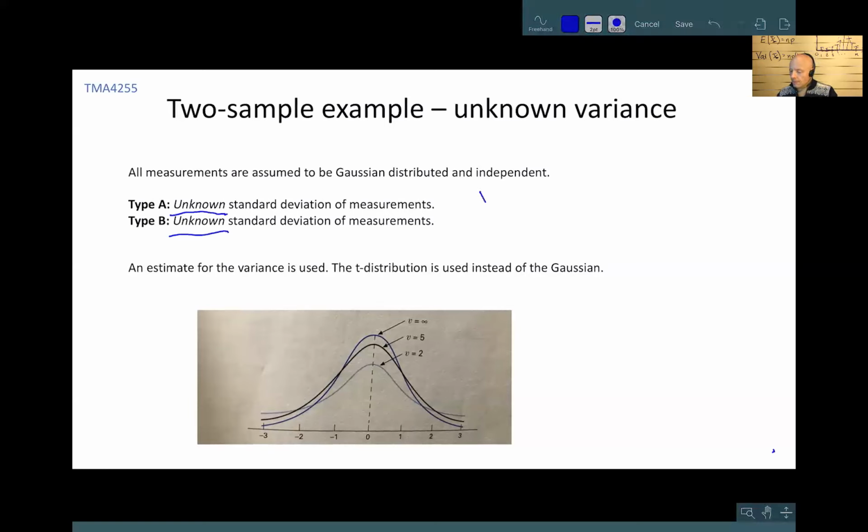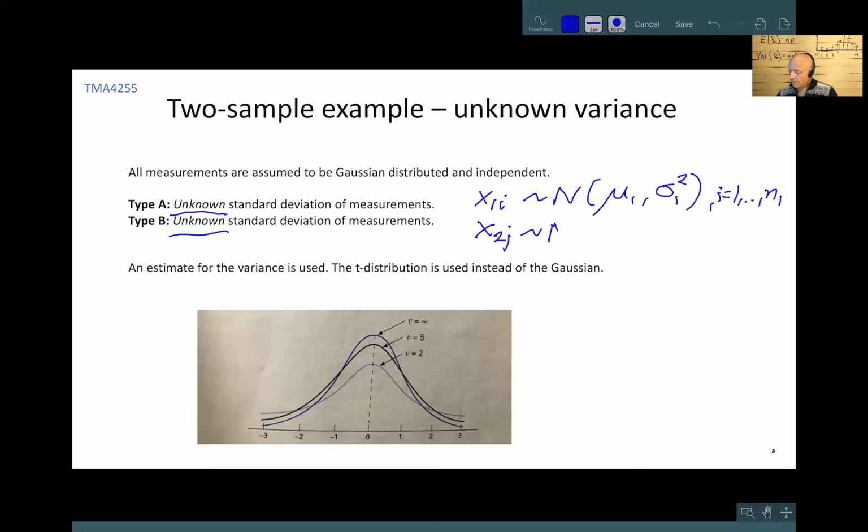So then we say that we have x1i, which is normally distributed with mu1 and sigma 1 squared, for i from 1 up to n1.